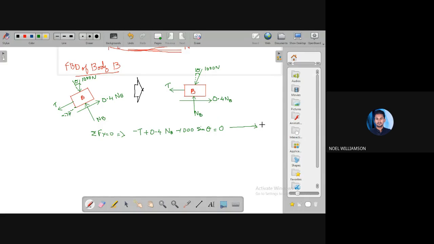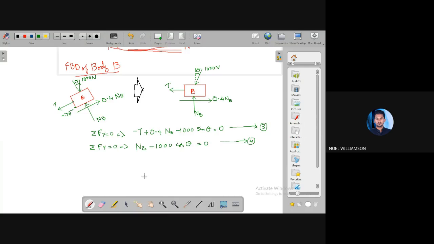That will be equation number 3. Now sigma Fy equal to 0 implies NB minus 1000 cos theta equal to 0. That is equation number 4.